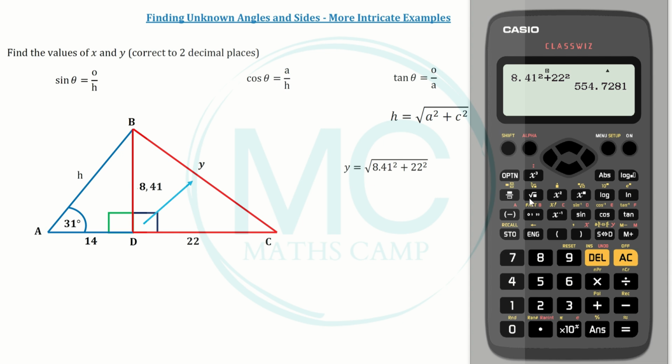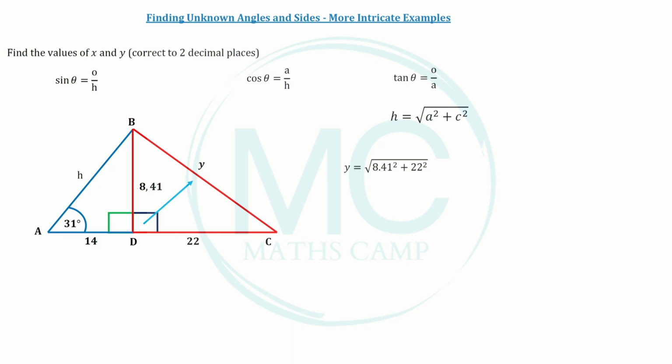Let's square root. So we say square root answer is equal to 23.552. Let's round off to 2 decimal places. And we see that y is equal to 23.55 units.